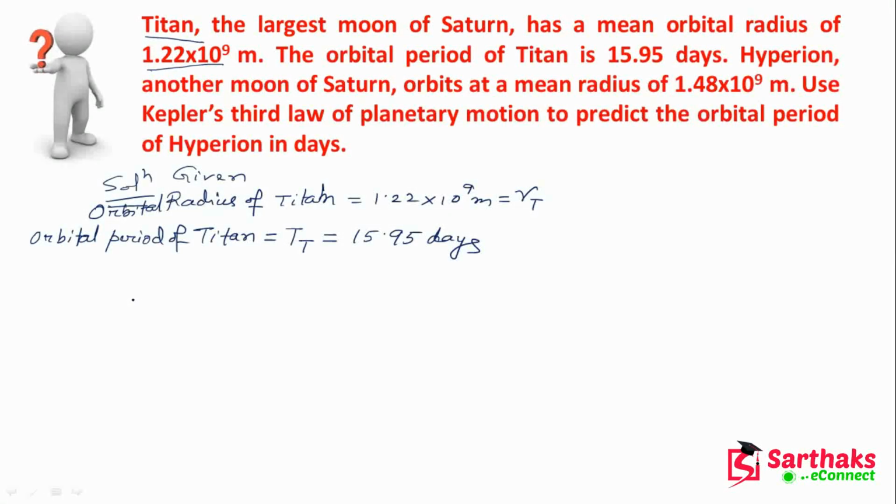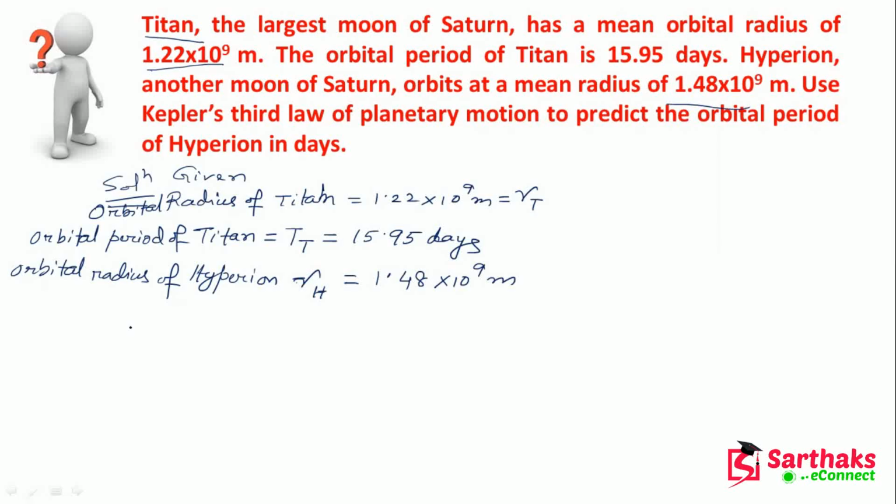And Hyperion, another moon of Saturn, orbits at a mean radius of 1.48 into 10 to the power 9 meter. Okay, fine. So the orbital radius of Hyperion, let it be RH, equals 1.48 into 10 to the power 9 meter.